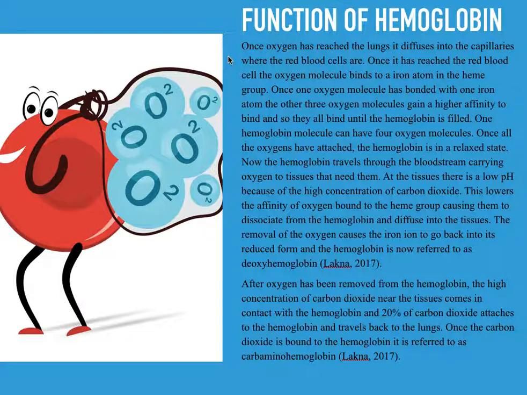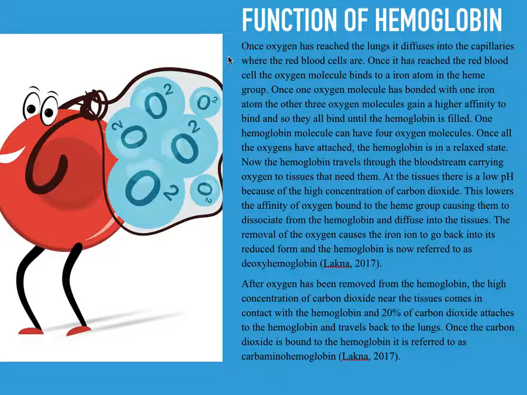One hemoglobin molecule can have 4 oxygen molecules. Once all the oxygens have attached, the hemoglobin is in a relaxed state. Now the hemoglobin travels through the bloodstream carrying oxygen to tissues that need them.